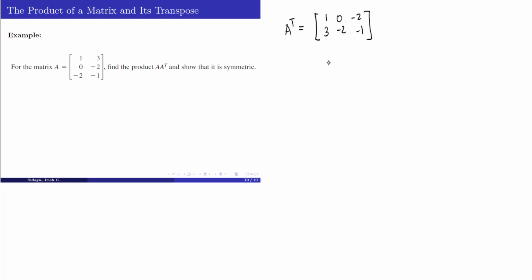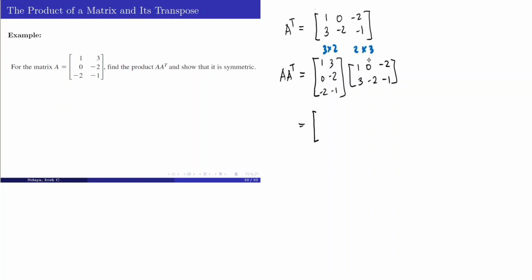Okay. And then next, we get the product of this. So we multiply A by its transpose. We are expecting a 3 by 3 result because this is a 3 by 2 and then a 2 by 3 matrix.